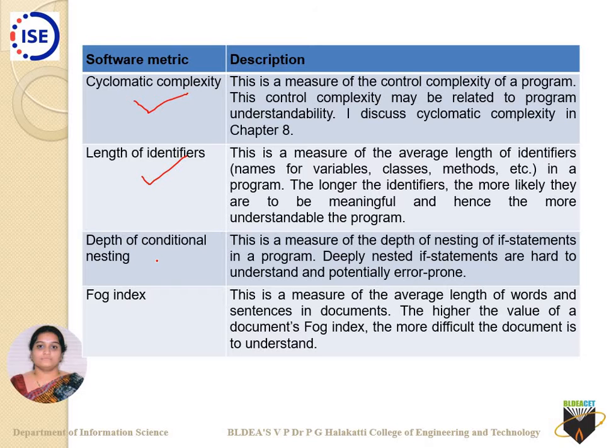Then comes depth of conditional nesting, wherein I have nested ifs. As far as possible try to avoid it so that I can have reduced complexity in my code. And the last one is the fog index. Fog index is the average length of the words and sentences used in documents. The higher the value of the fog index, the more difficult the document is to understand.